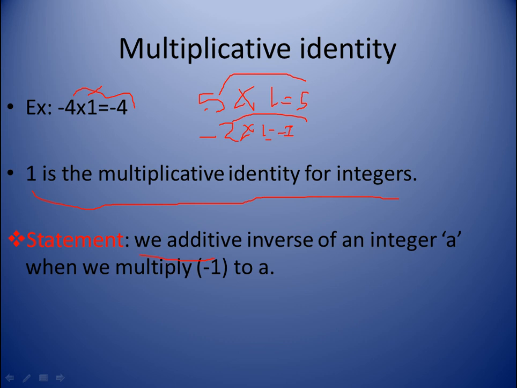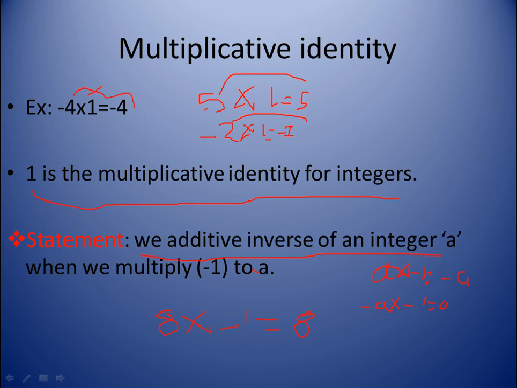If we multiply minus 1 with a number, we get its additive inverse. The additive inverse of an integer a is minus a. When we multiply 8 into minus 1, it is minus 8, which is the additive inverse. So, a into minus 1 is minus a, or minus a into minus 1 is a.